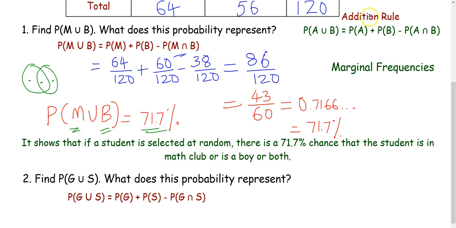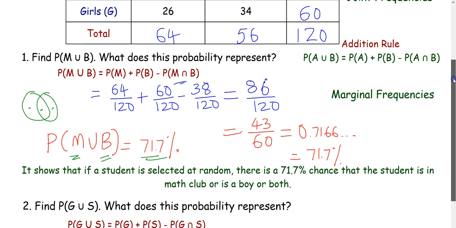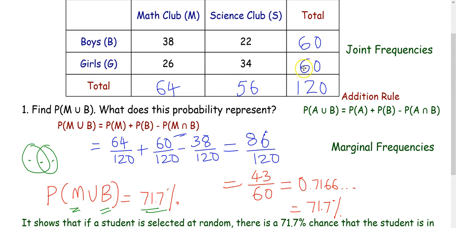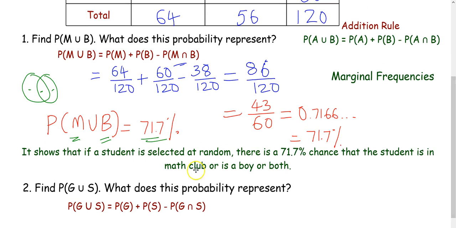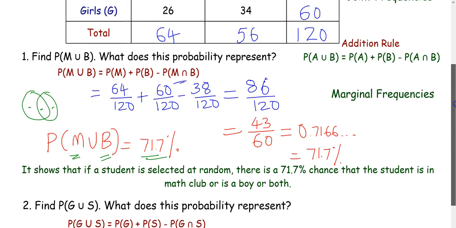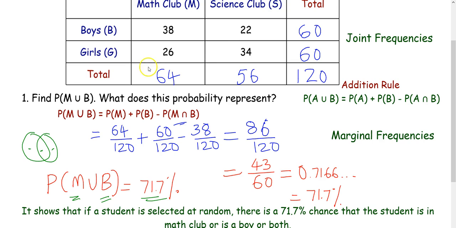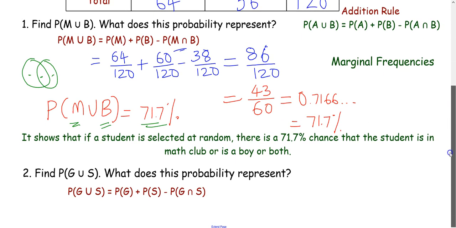The formula is again the same addition rule: P of A union B is P of A plus P of B minus P of A intersection B. You can rewrite this as P of G union S equals P of G plus P of S minus P of G intersection S.